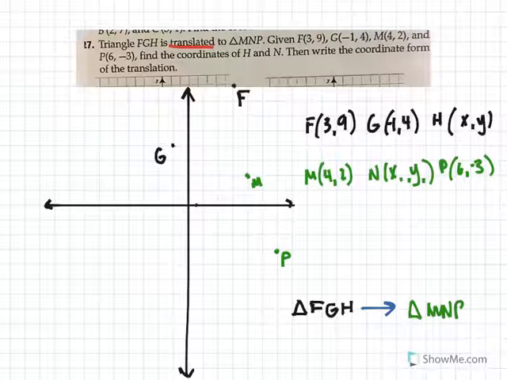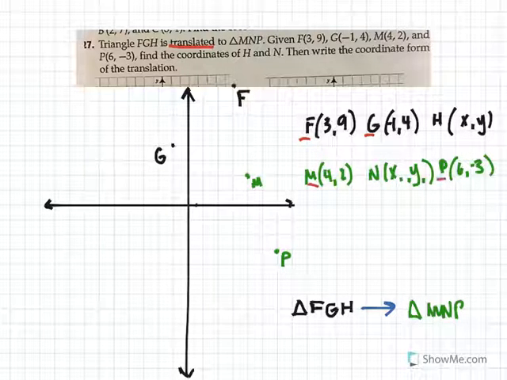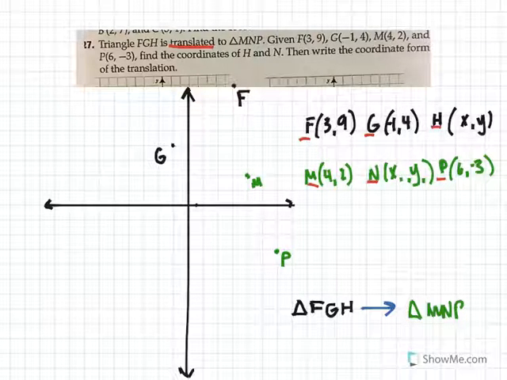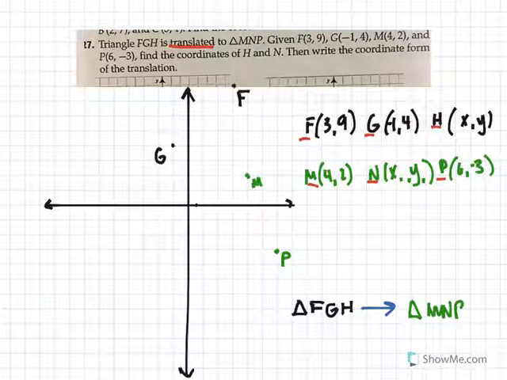So we are given the points F, G, M, and P. Find the coordinates of H and N. Then write the coordinates of the translation.